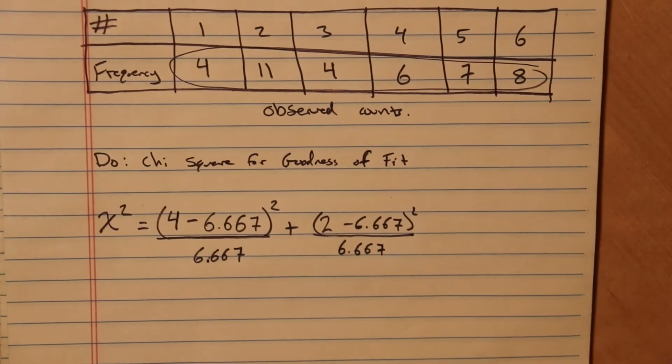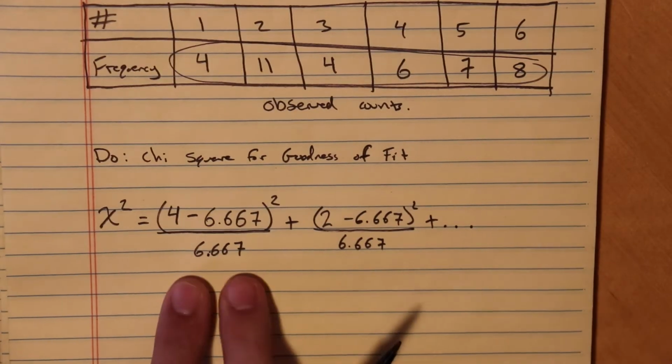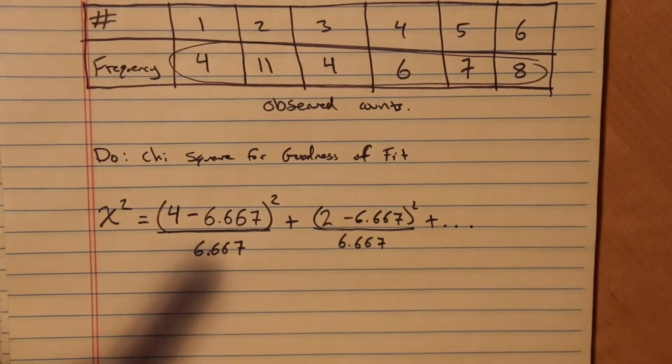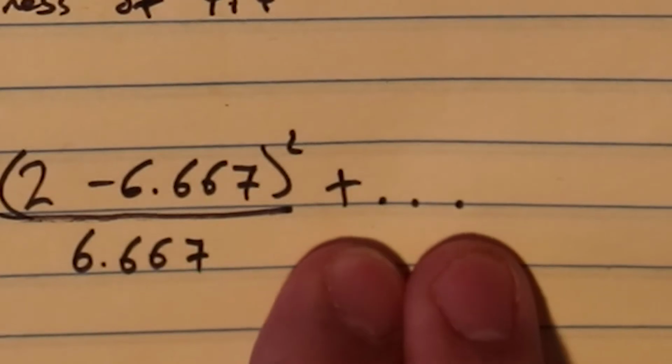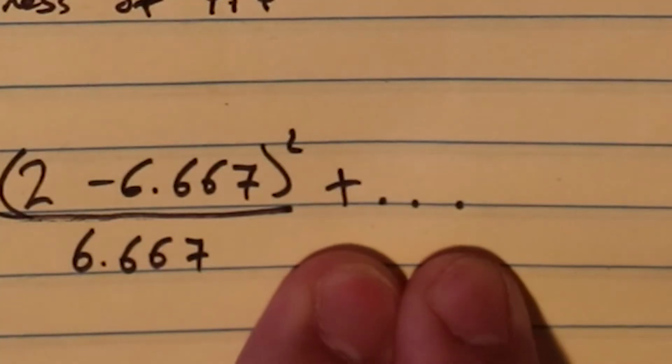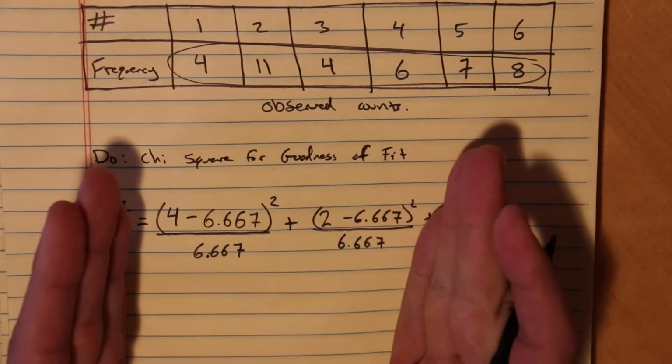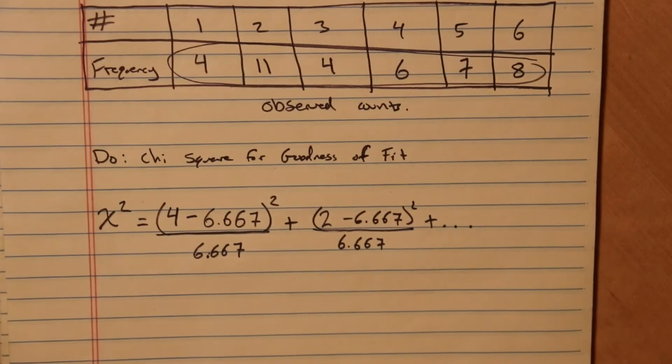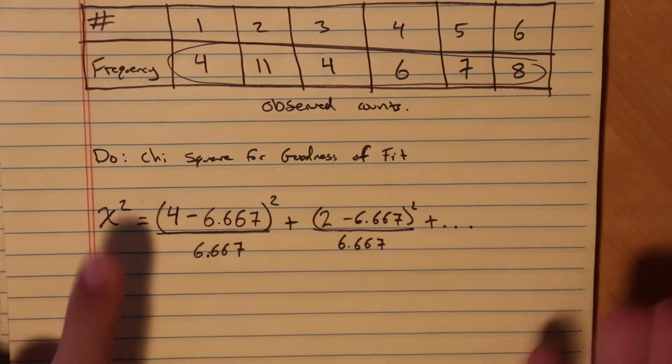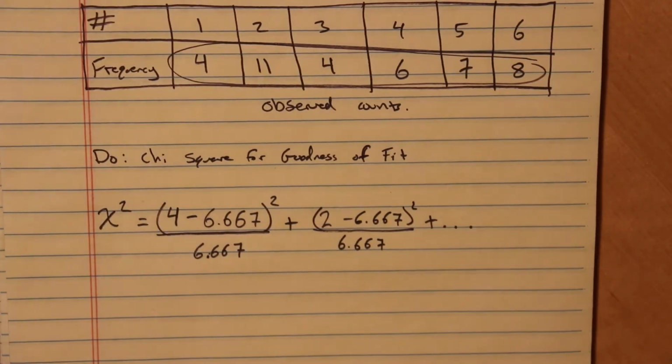What's the thing we have to remember if we don't want to write it all out? That dot, dot, dot. You could write all of them out, it's fine, but it's a waste of time. You have to put the dot, dot, dot though. If you do not, it's implying that you're done with your calculation and you'll lose credit. Dot, dot, dot means the grader is going to get the idea.